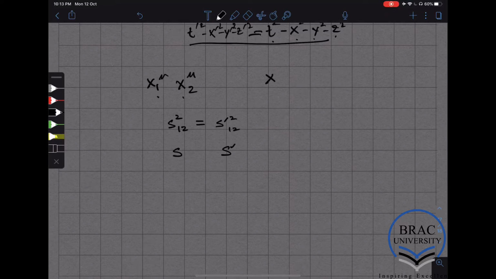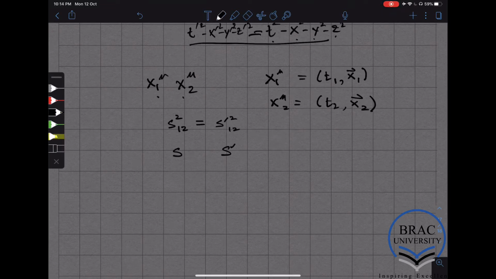So x1 has time t1 and spatial coordinates, let me denote that by the vector x1, and x2 is t2, the 3-vector x2.